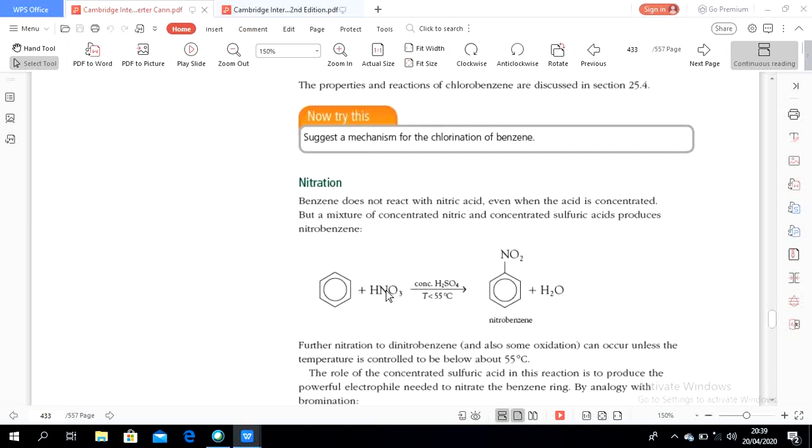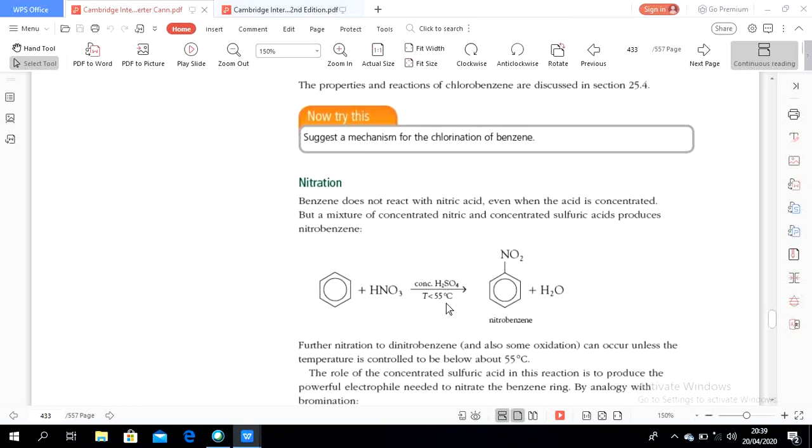We know that nitric acid and sulfuric acid, both of them are acid. But despite the acidity of both, one of them will behave as an acid and the other one will behave as a base.